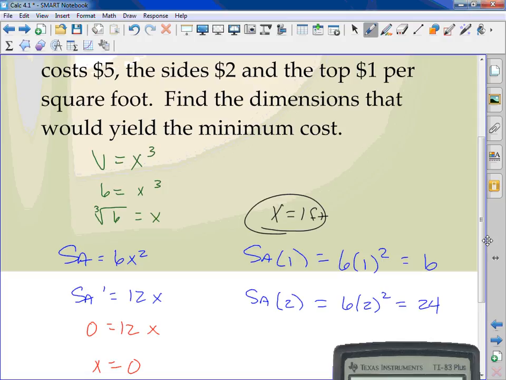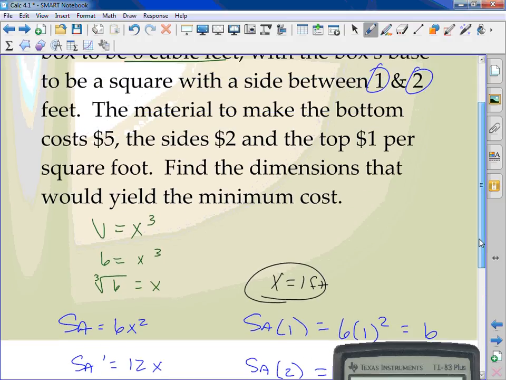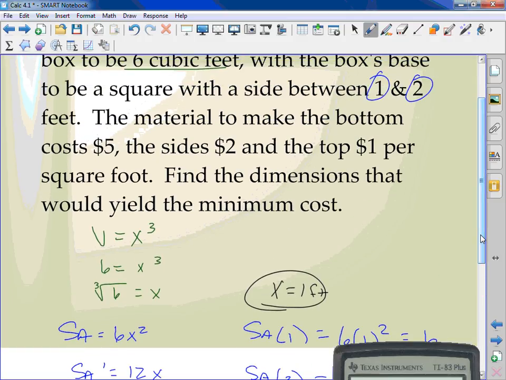That's your answer. The dimensions would be 1 by 1 by 1. Each side needs to be 1 foot. What didn't I need in this problem? The money. The money means nothing for this answer.